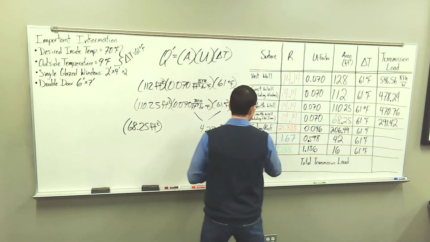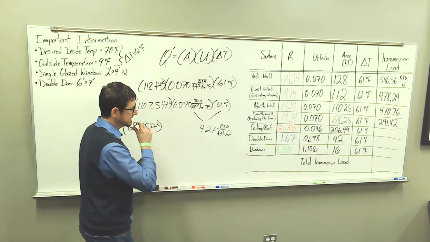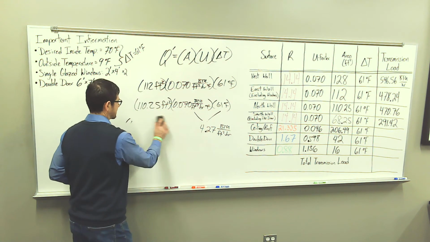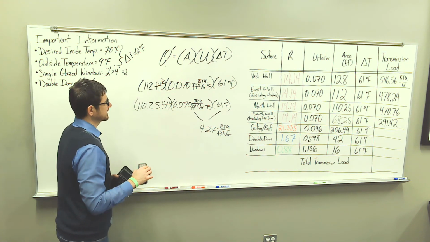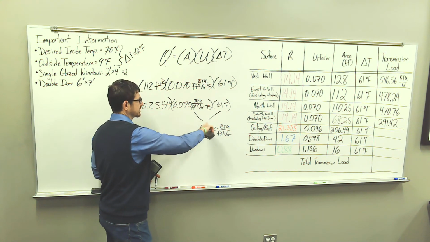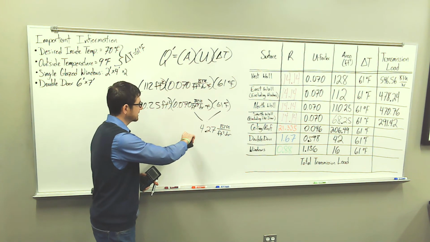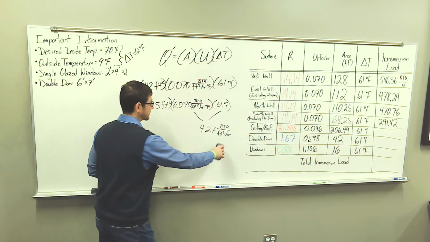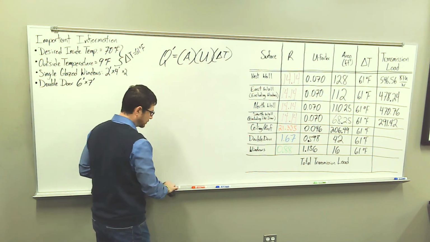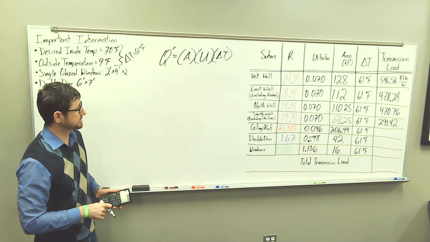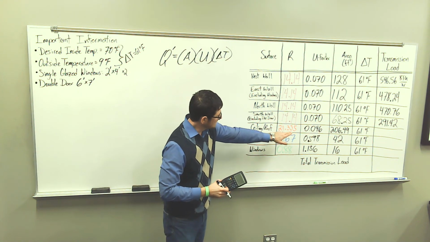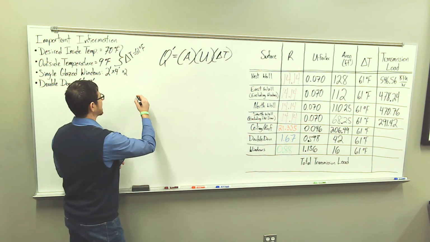Okay, and then let's take a look at the ceiling. Now that we have a different U factor for the ceiling, we're not allowed to use this value that we've calculated for our algorithm here. So let's get rid of that. We're still using our equation Q prime equals A U delta T. The area for the ceiling is 206.49 square feet.